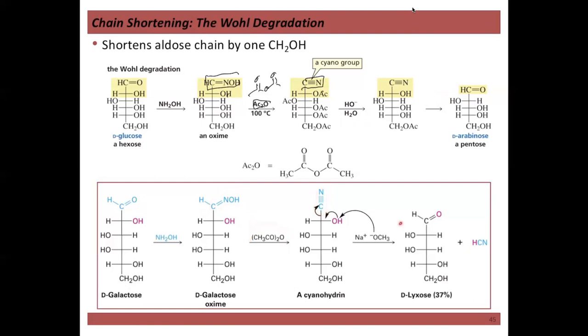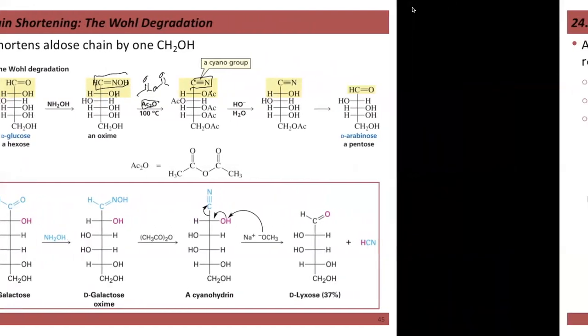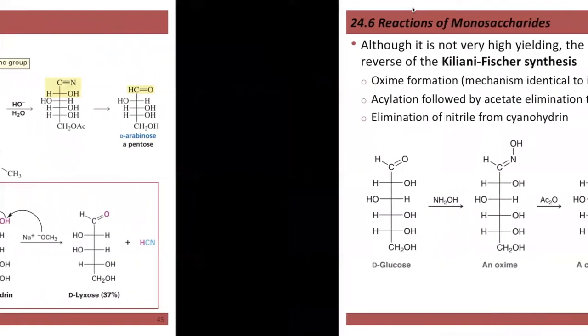The Kiliani-Fischer synthesis is we first make this cyanohydrin, we reduce it down to an imine, and then hydrolyze the imine. So to me, this is amazing that they're using the same chemistry. It's just the order of operations, which step you do. And so you can either build up the sugar or break it down. So the Kiliani-Fischer synthesis and the Wohl degradation.